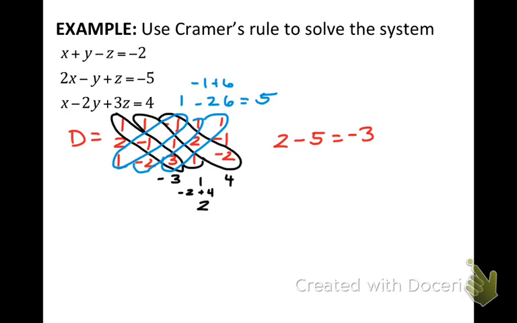So 1, 1, negative 1, negative 2, negative 1, 1, 3. So there is our d of x matrix. Let's find the determinant, rewrite the first two rows. Work through that.